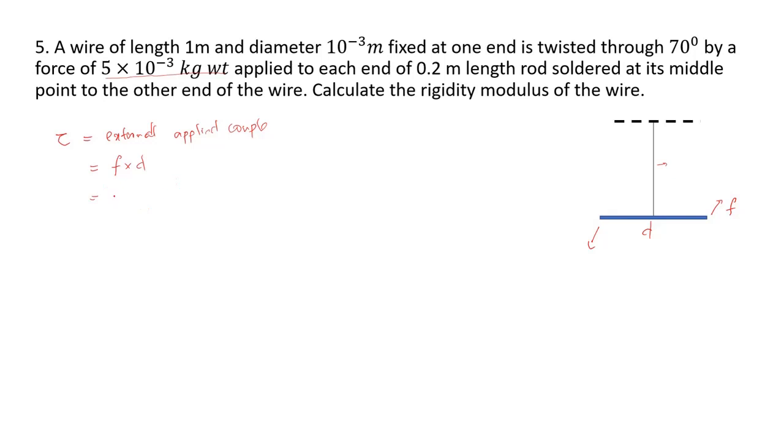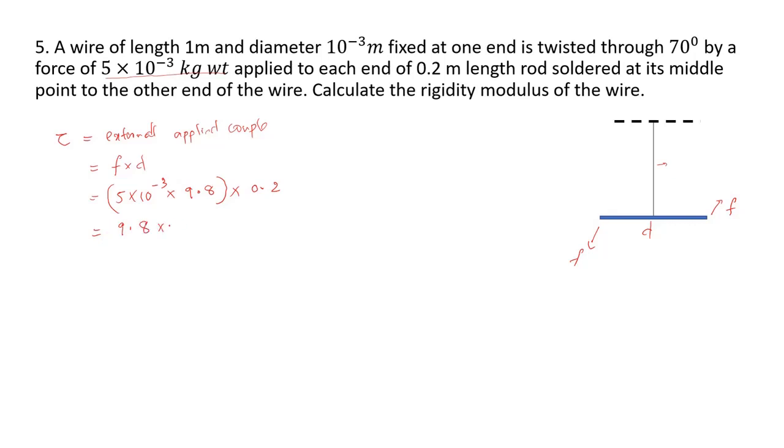Therefore, the force here, given as 5 into 10 to the power negative 3 kilogram weight, has to be converted to Newton first, and that is done by multiplying it by g, that is 9.8, and this is the force in Newton, multiplied by the distance between these two equal and opposite forces, and that is nothing but the length of this rod, and the length of the rod is given to be 0.2 meter.